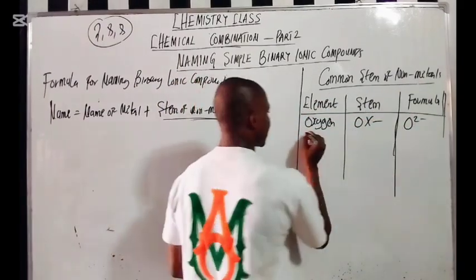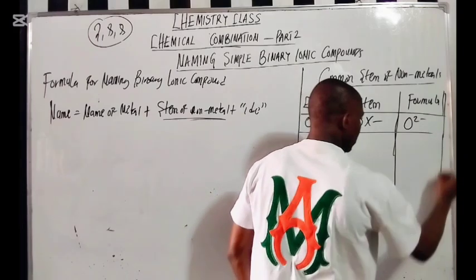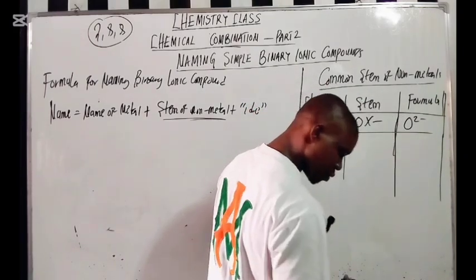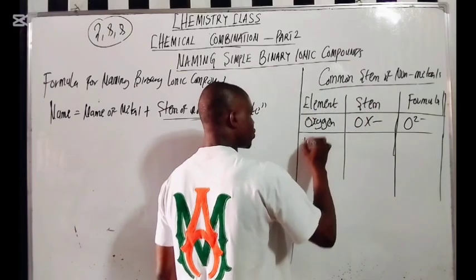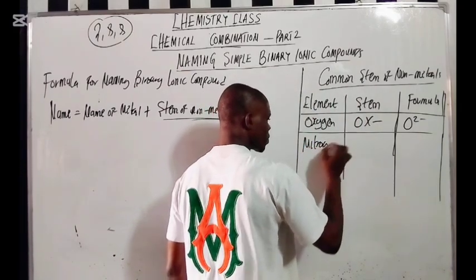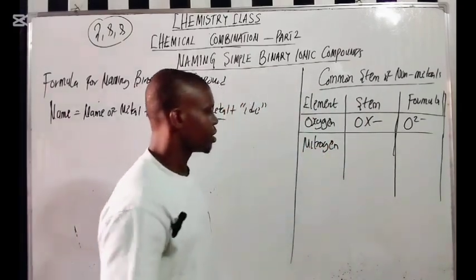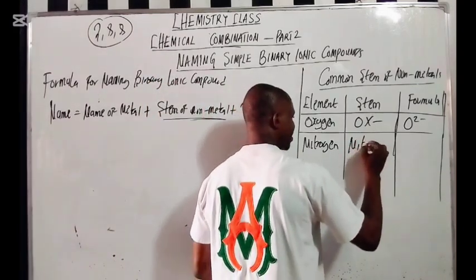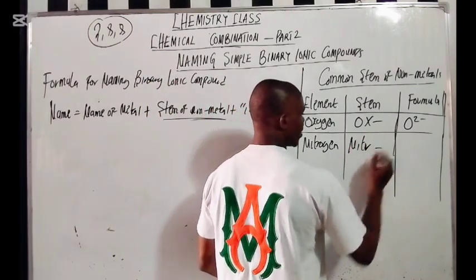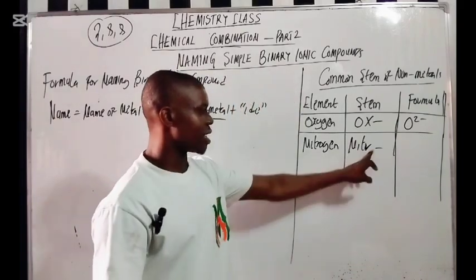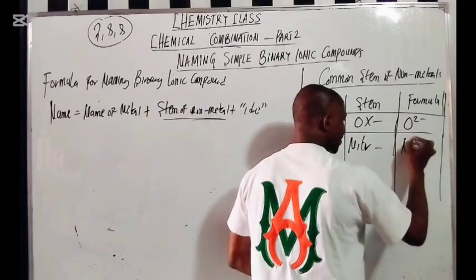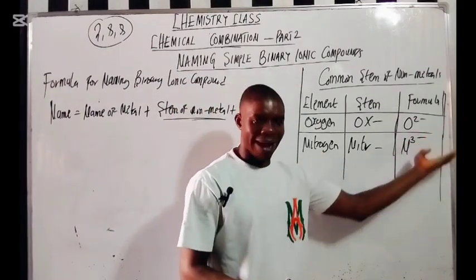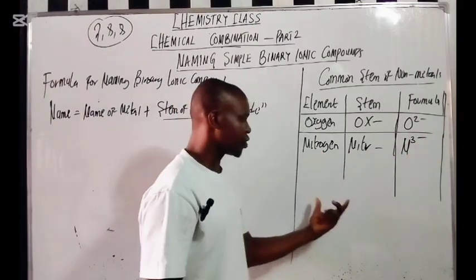Then the next one you're going to see is nitrogen, and the stem of nitrogen is called nitro, N-I-T-R-O. Nitrogen is always N3 minus.